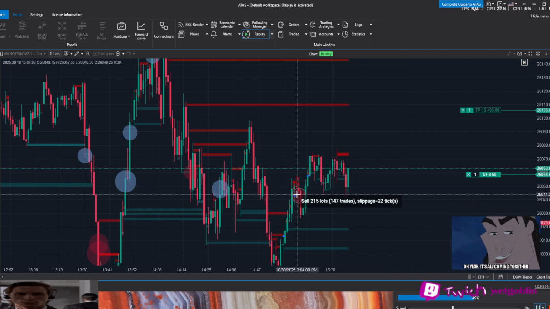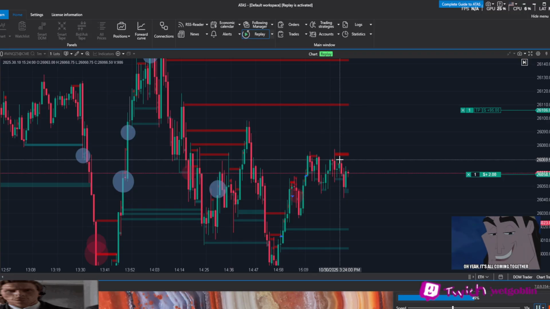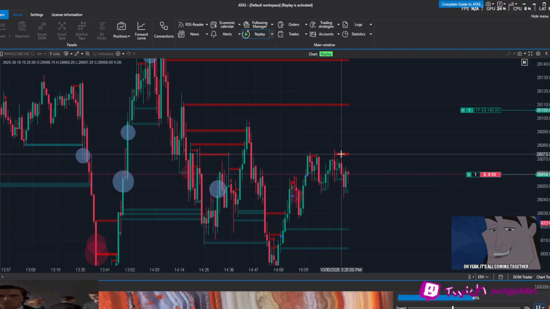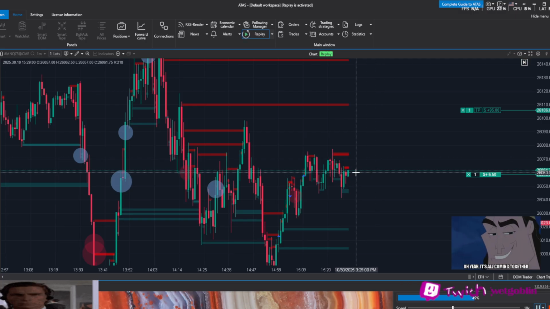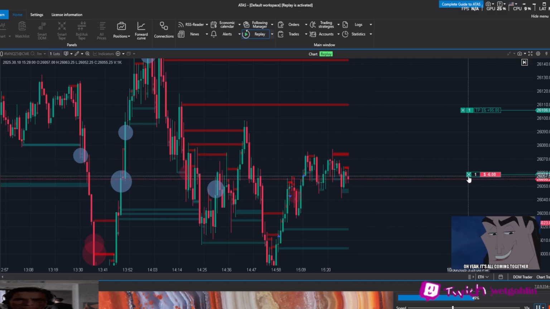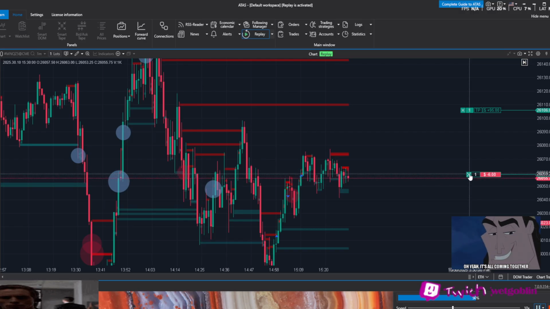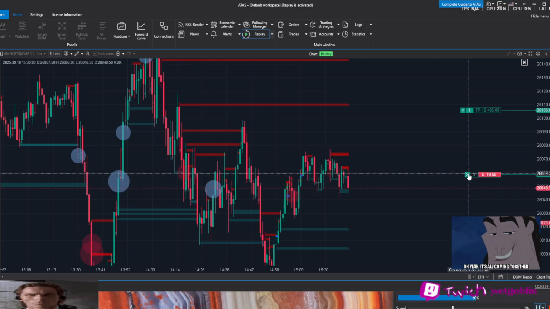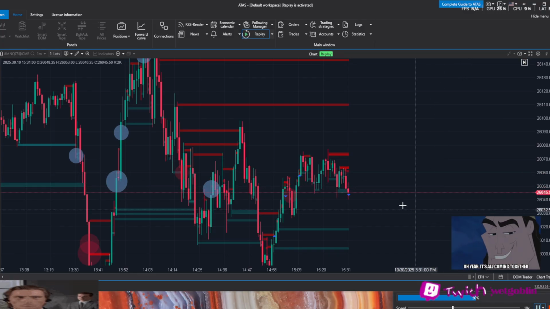The big sell right here. Let's see if that holds. If not, that big absorption, I should have been paying attention because that could have been a place to get out. Some more absorption right here. Order canceled.